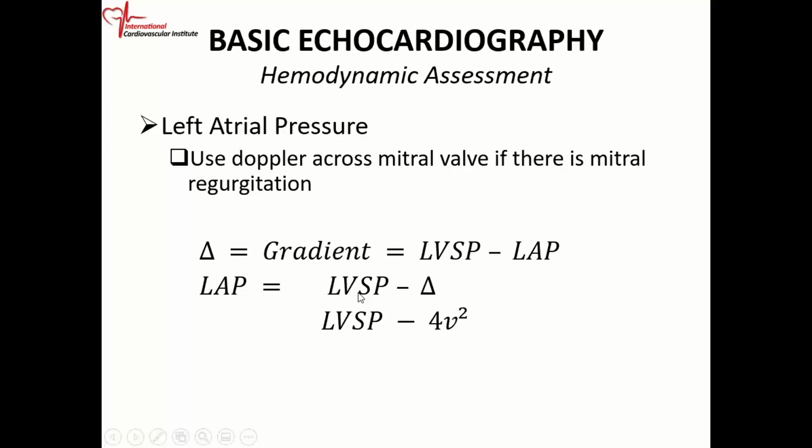Just a little extra thinking: the left ventricular systolic pressure is the same thing as the systolic blood pressure, as long as there is no obstruction across the aortic valve or the left ventricular outflow tract. So we measure the blood pressure, we get that. So the only thing we need to measure is the gradient in order to calculate left atrial pressure. But we know the gradient is equal to 4V squared.